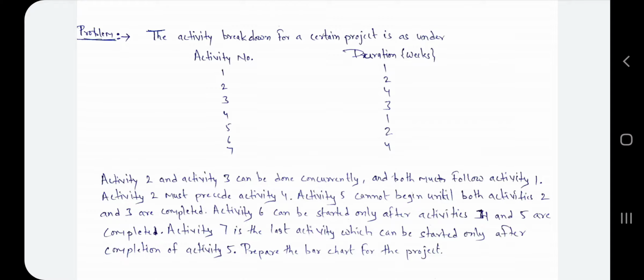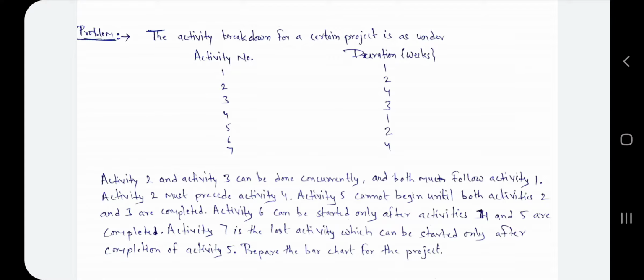Activity 2 and 3 can be done concurrently and both must follow activity 1. Activity 2 must precede activity 4. Activity 5 cannot begin until both activities 2 and 3 are completed. Activity 6 can start only after activities 4 and 5 are complete, and activity 7 is the last activity, which can be started only after the completion of activity 5.